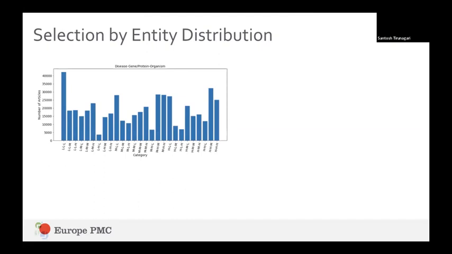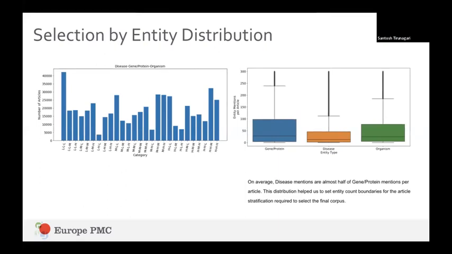The low bin would represent low mentions of disease, low mentions of gene protein, and low mentions of organisms. And a high bin would represent high mentions of disease, gene protein, and organisms. So we had around 27 bins representing all the variations of low, medium, and high mentions of the entities.